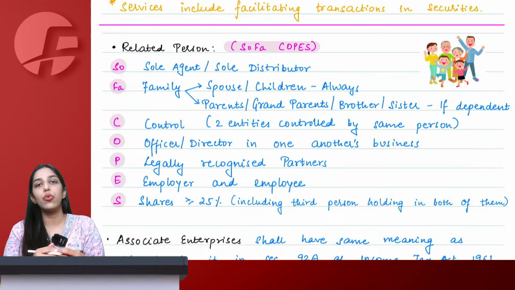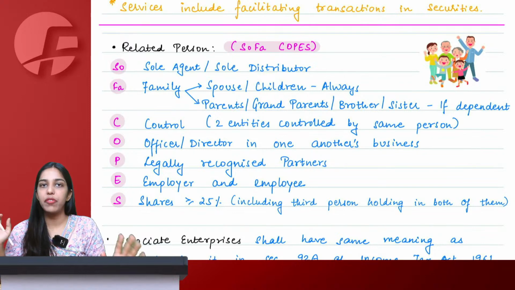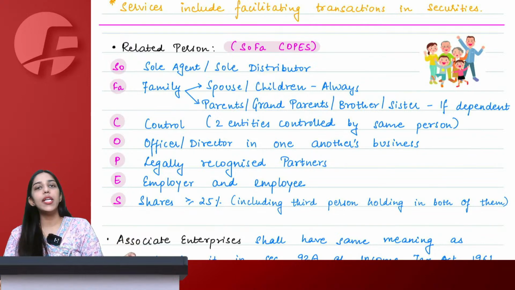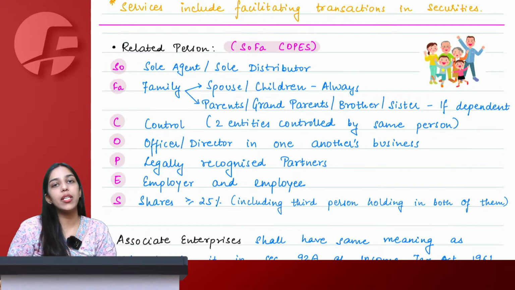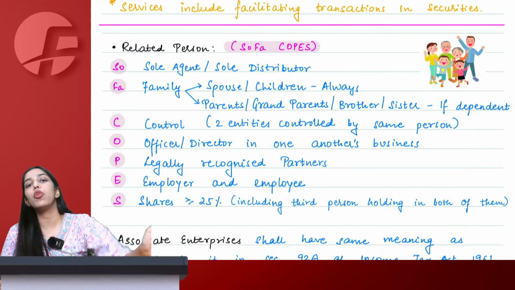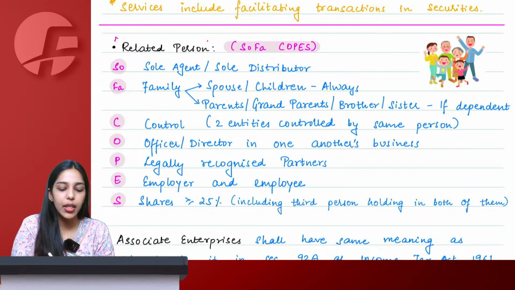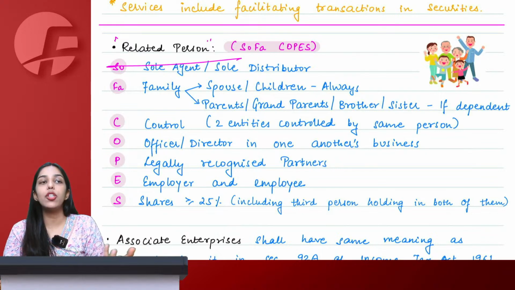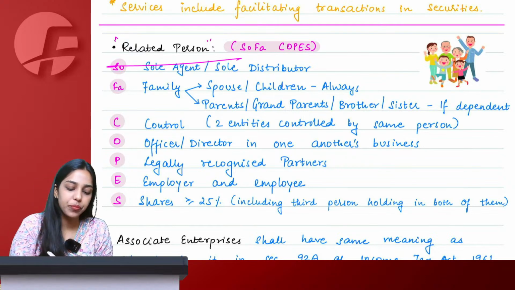What is the best way to do so? Make some kind of a cartel with your relatives, sell goods or services at some lower rates, do some kind of mischief and save on taxes. So government already knows this. Therefore, government at various places has given separate provisions only for these kind of related persons. But before that, we need to understand whom do we actually call related person.